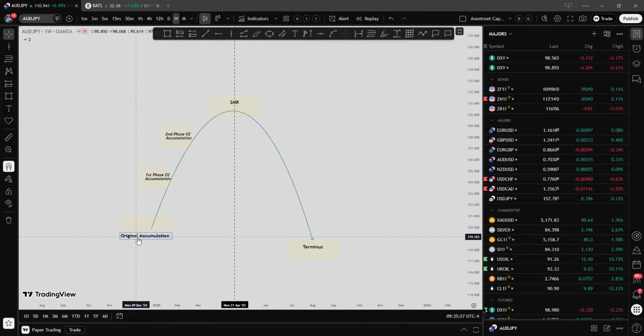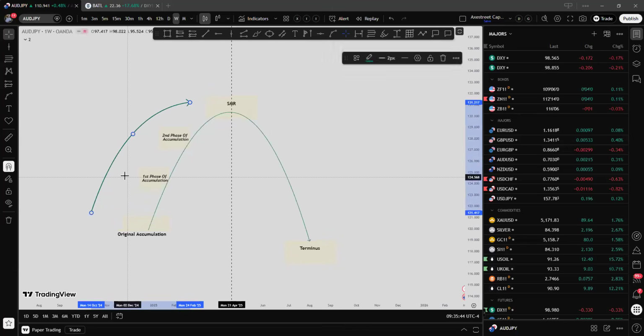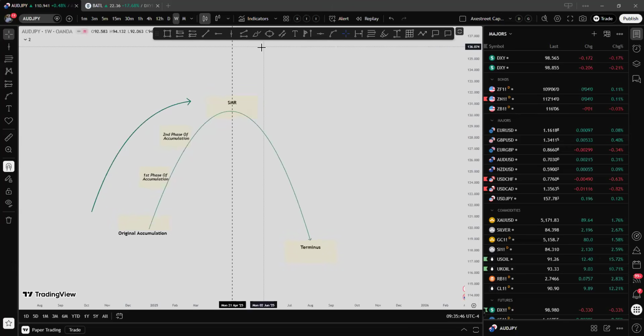So if we see the original accumulation, the smart money reversal and terminus, everything on the left side, we consider this the buy side of the curve, right? So this is the buy side of the curve. And everything on the right-hand side would be our distribution or sell side of the curve.